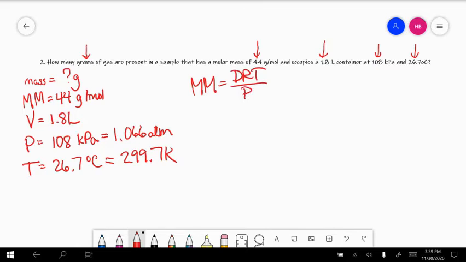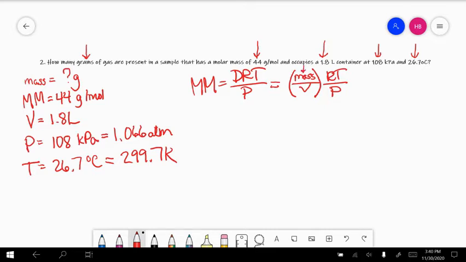Now, you can recognize that density is mass over volume. So you can either solve for density and split that apart later, or you can change density. Instead of having density, we'll have mass over volume. And then if we solve for mass, let's rearrange the equation to leave mass by itself on this side.